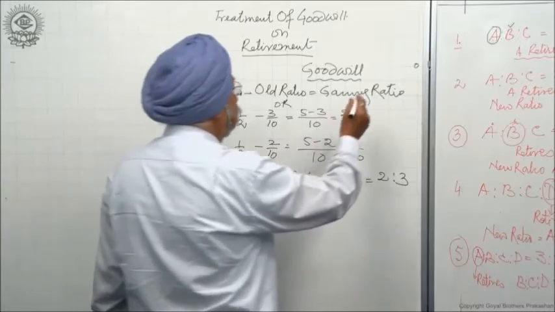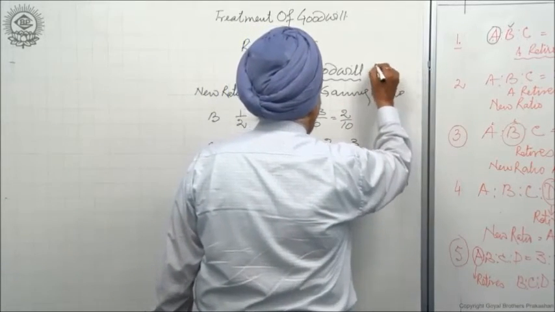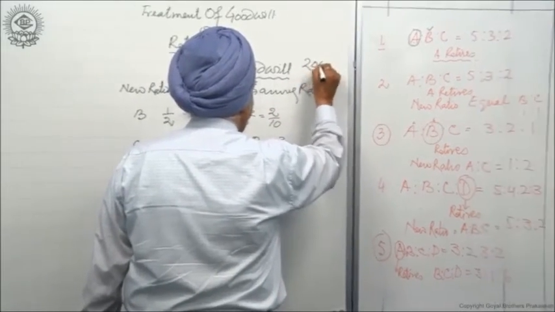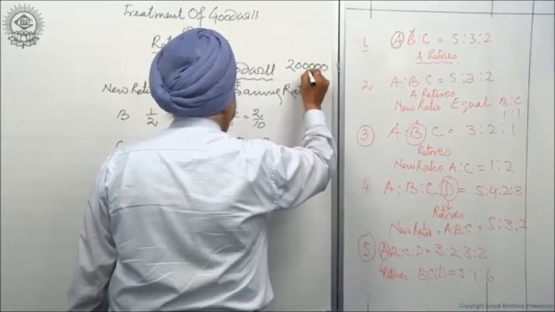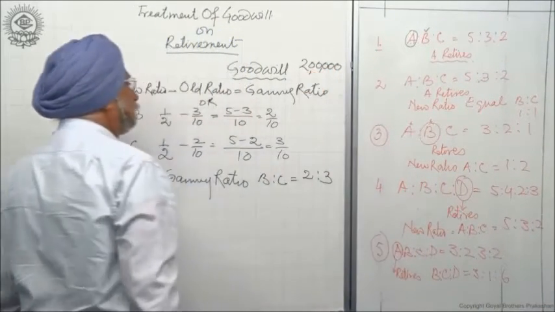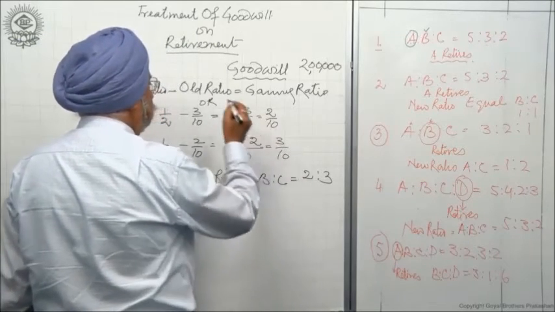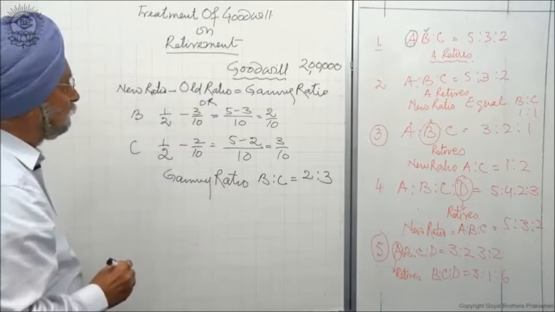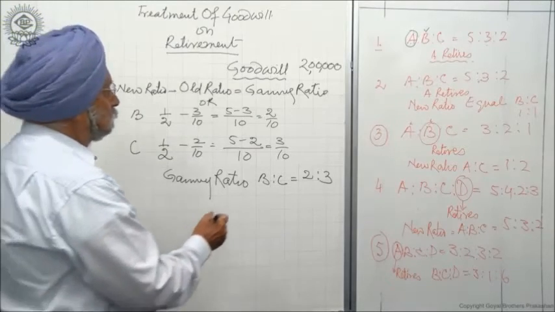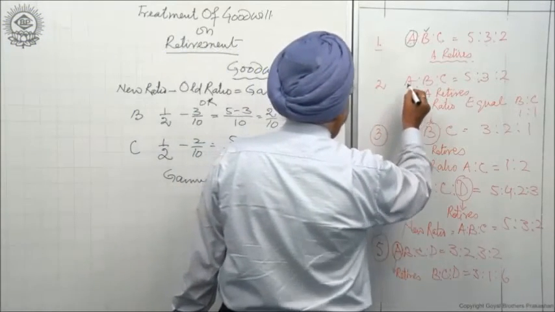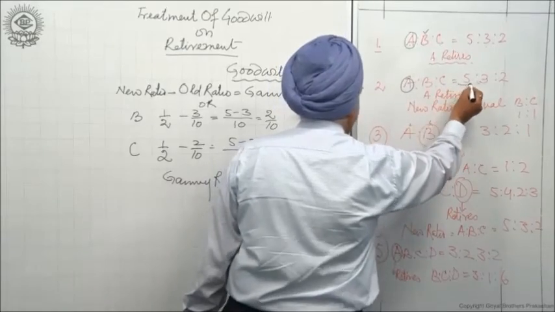Now, suppose the goodwill is 2 lakhs. B and C will share the retiring partner's share. Who is retiring? A retires, and A's share is 5/10.